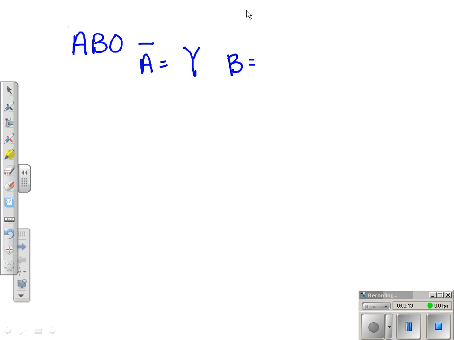B looks like that. I'm drawing the antigens. And O looks like what? Nothing. I think my pen needs calibrating. There we go. All right, let's try that again.